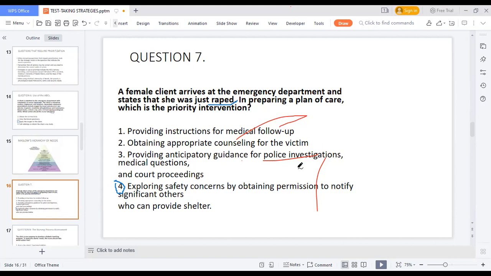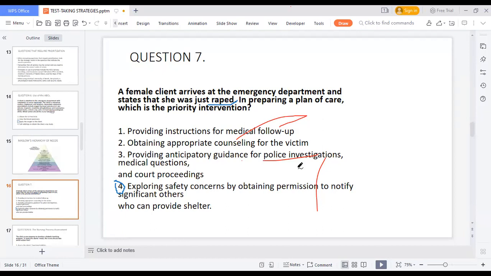Remember, I said before, when you're answering prioritization questions, the options are likely to be correct, but which one is the most important? Which one is the best? This is the problem with exams. We are stuck somewhere. Oh, this one is right. Oh, this one is right.